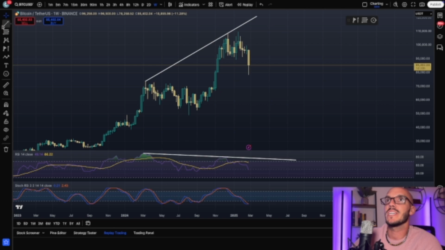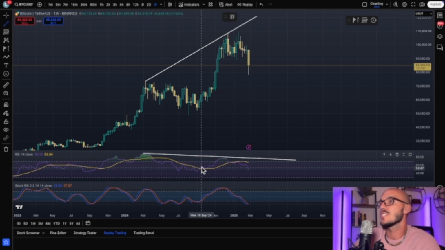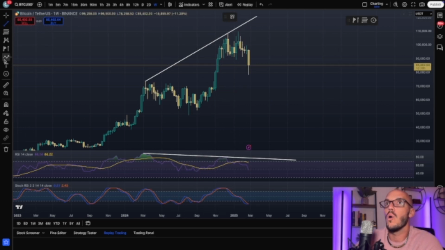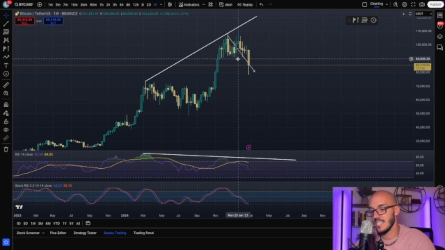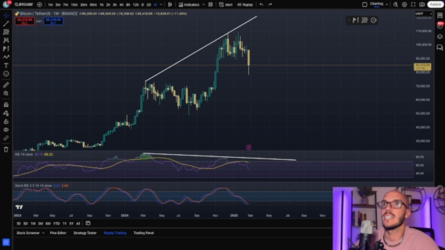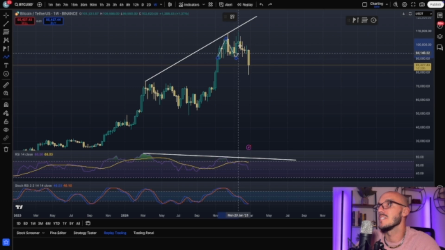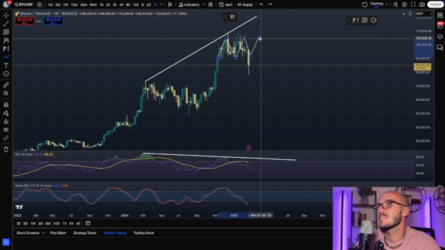And I just want to be clear, when you get these divergences like this, the price doesn't always just dump like that. It can do one of two things. It can either dump or it can just chop around sideways, maybe trend up slightly.